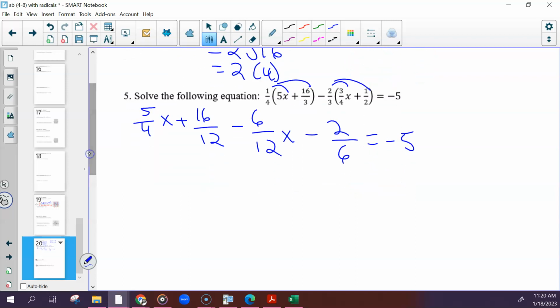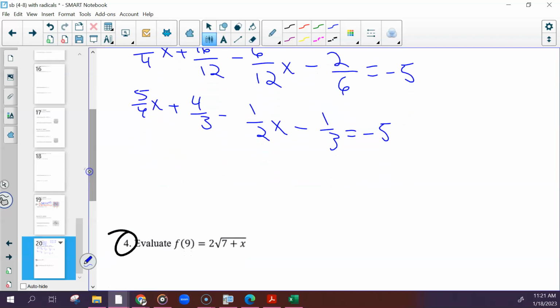So this would become still 5/4 x plus 4/3 minus 1/2 x minus 1/3. The constants have the same denominator, so you can go ahead and combine those. You also need to get common denominators for your x's. I'm just going to rewrite it before I do that.